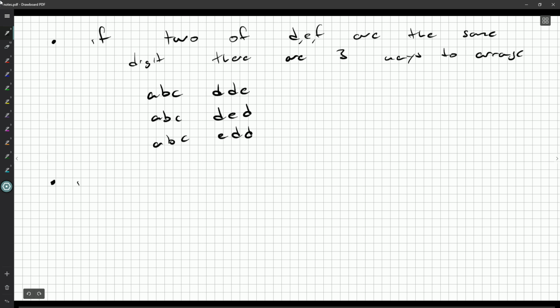And finally, if all 3 digits are the same, we get 1 number. A, B, C, D, D, D. But that's only going to happen if A, B, C is a cube. Okay? But if you were only going to get sort of 1 number here, you wouldn't be able to have different A, B's, and C's there as well.